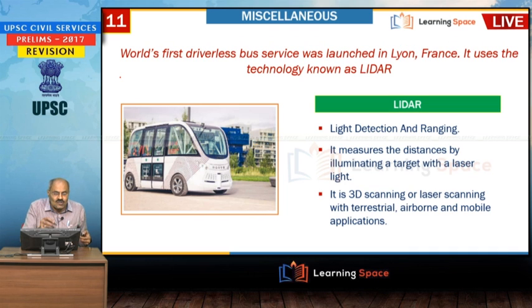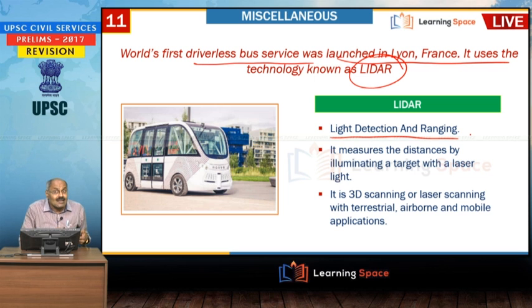Then world's first driverless bus service was launched in Lyon, France, and the technology, please don't forget, that is LiDAR, L-I-D-A-R. What is LiDAR? LiDAR is light detection and ranging, and here it measures the distances by illuminating a target with a laser light, right?